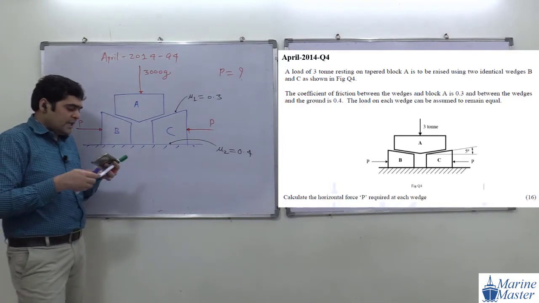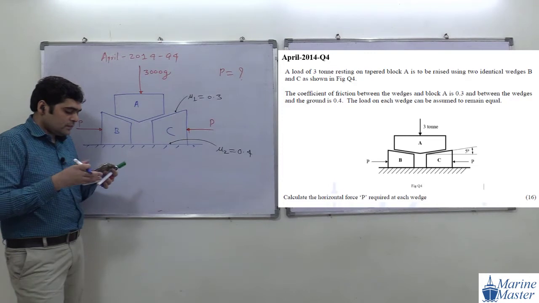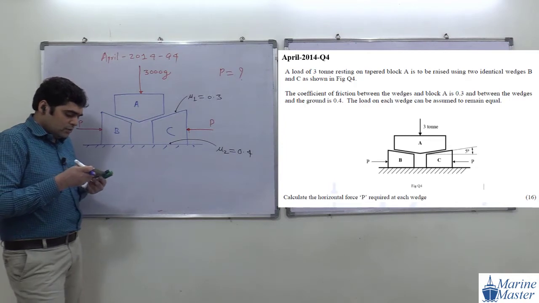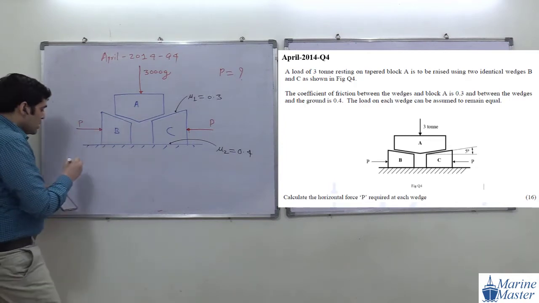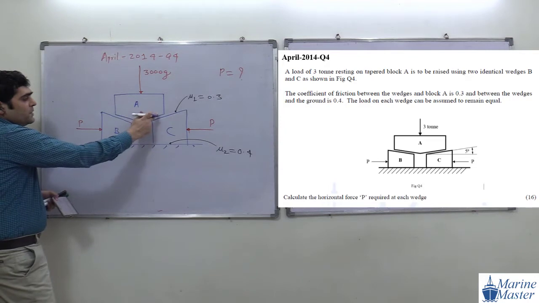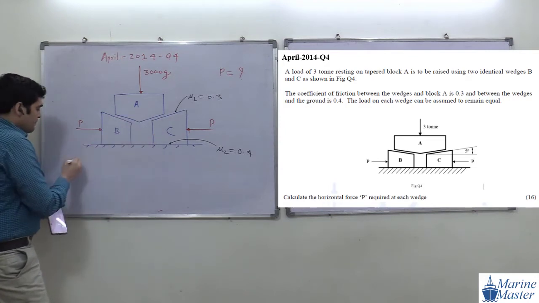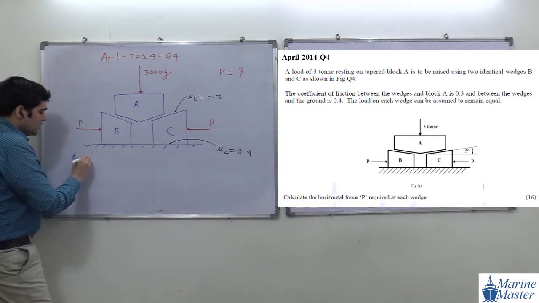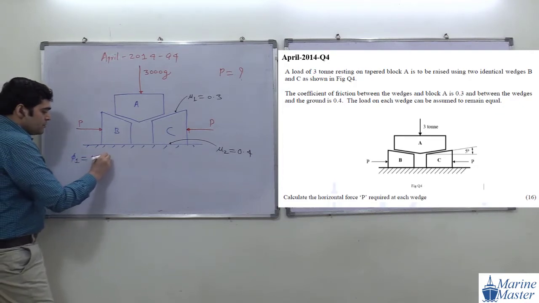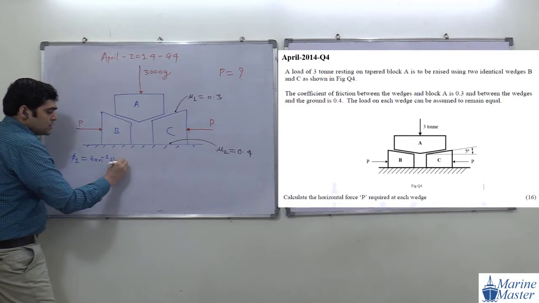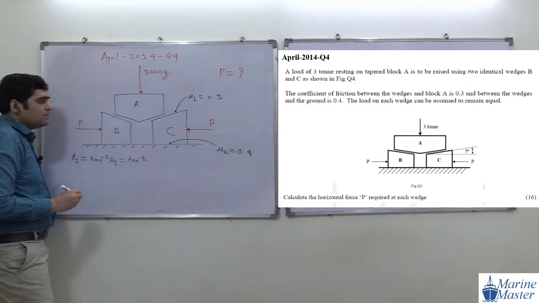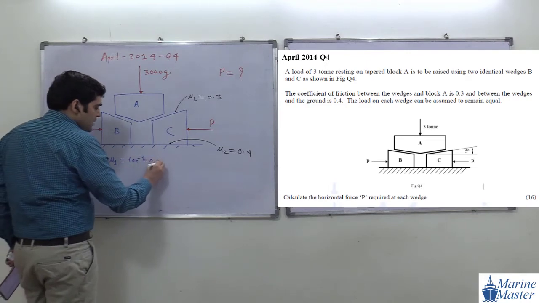Now the next scenario. Phi1, the angle of friction for this one, will be equal to tan inverse of mu1. Mu1 is 0.3.